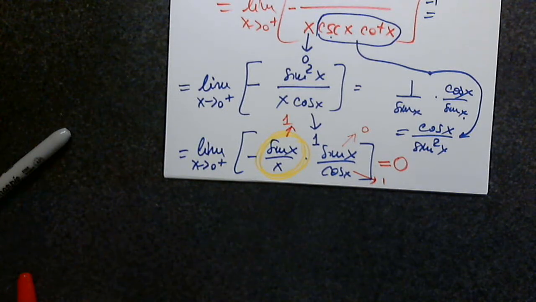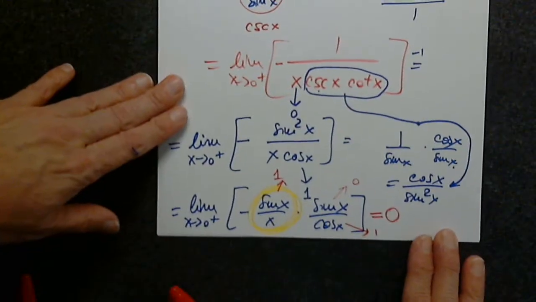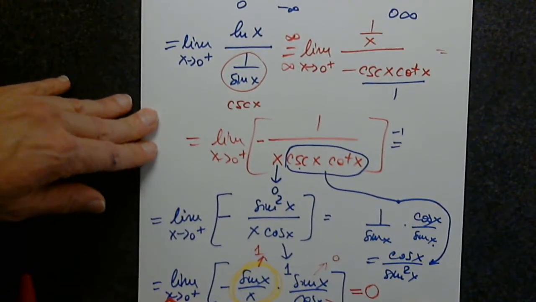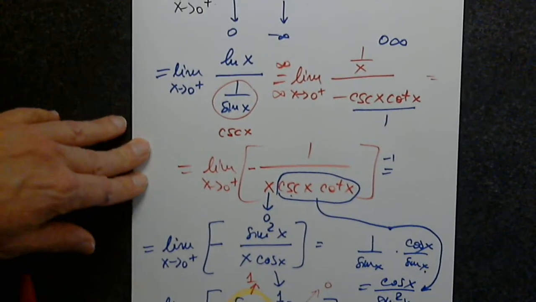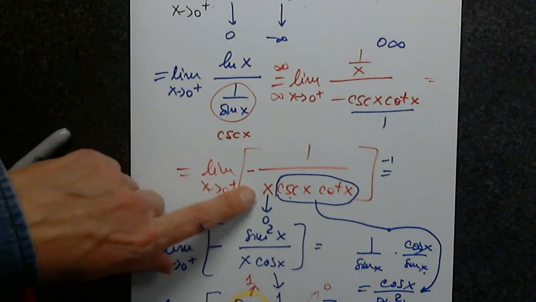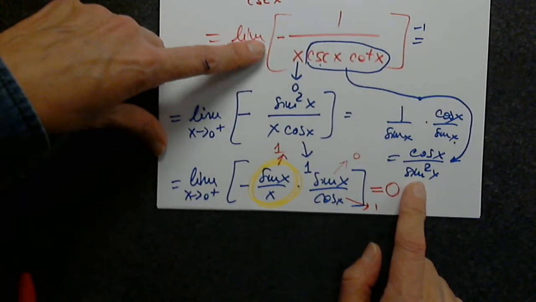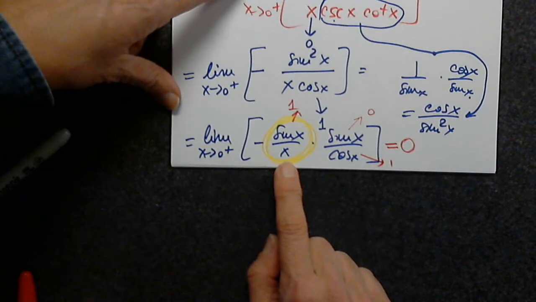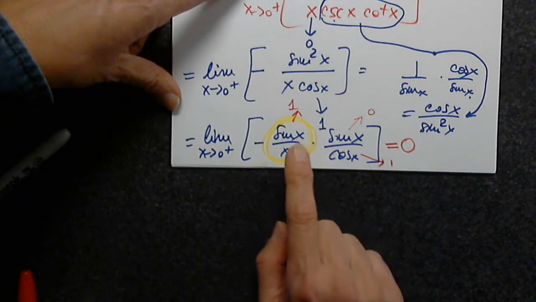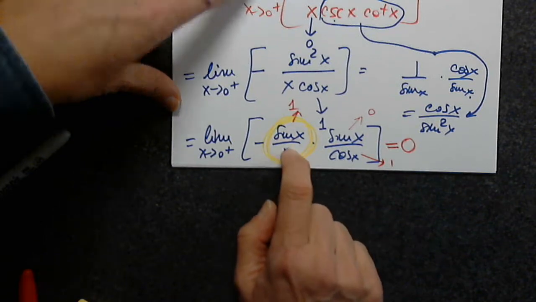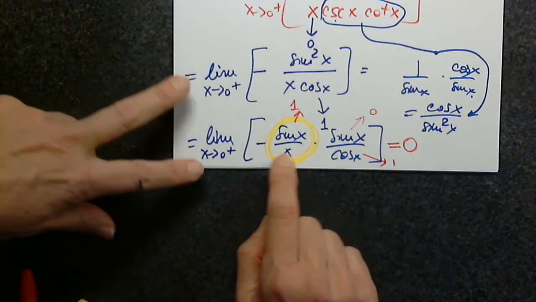Is that clear? Which part is not? In the first term, that's negative sine x over x, at the bottom of the page. You say it's 1, sine x is 1, but isn't that? Sine x over x is 1, not sine x. When x approaches 0, sine x approaches 0. But this is a limit that we talked about 2 months ago.